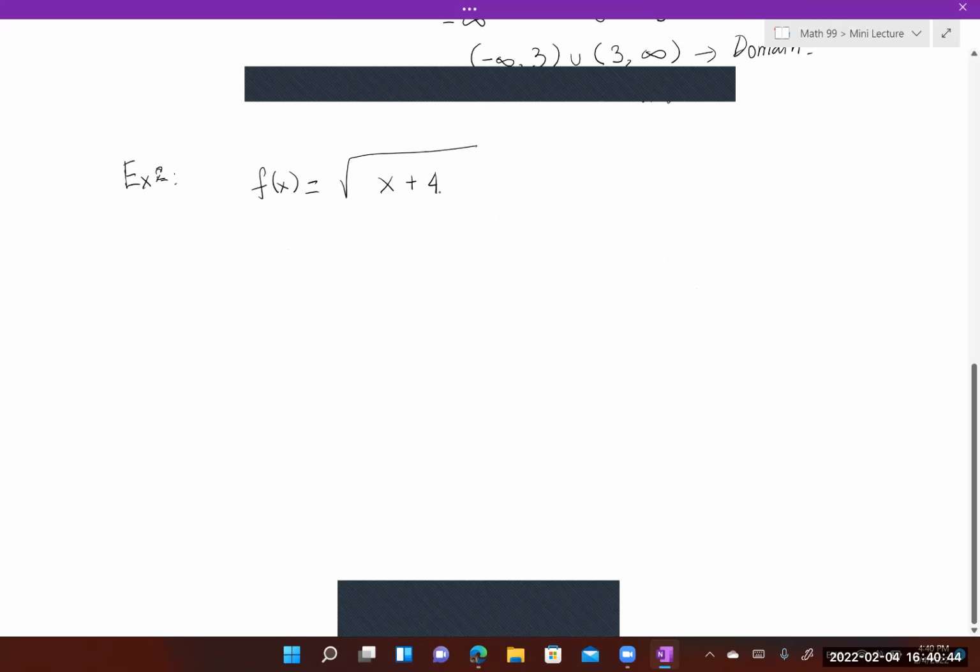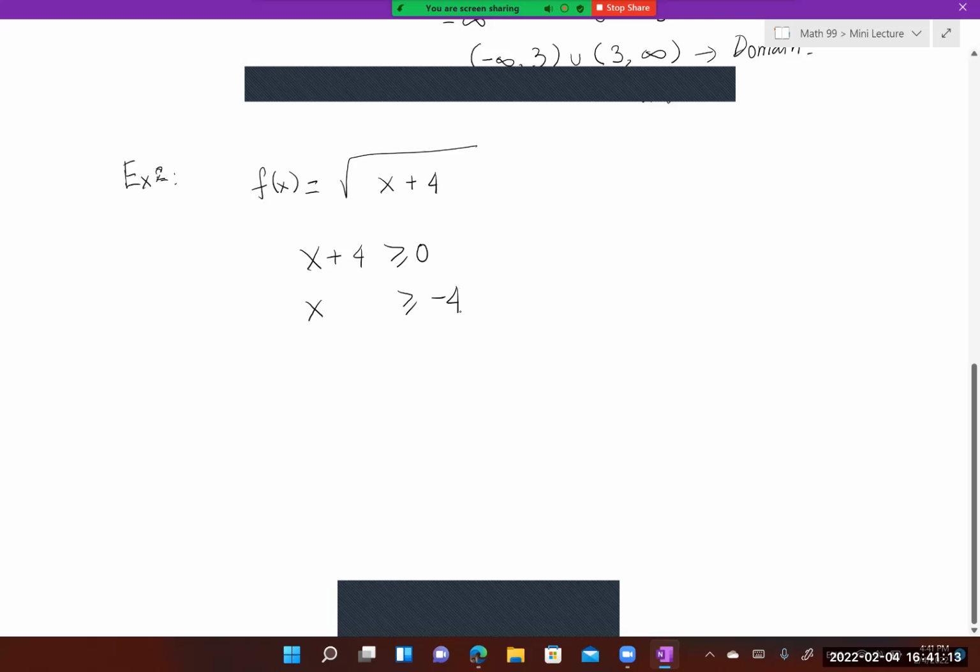The square root function is defined on all the numbers that make the function inside the square root greater than or equal to 0. So we need to set up this inequality, and then we solve for x. It tells us x is greater than or equal to -4.